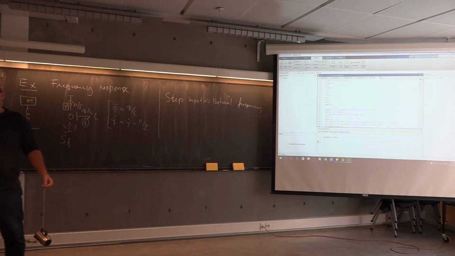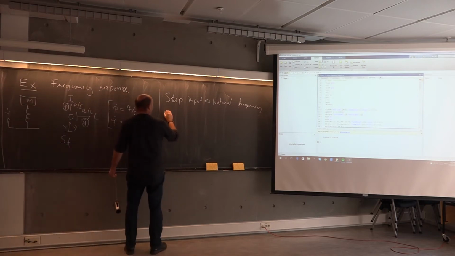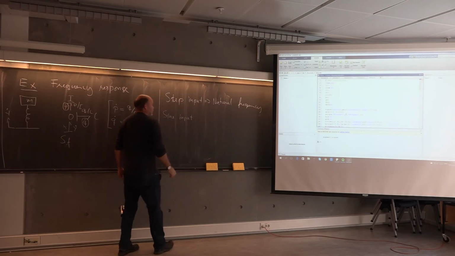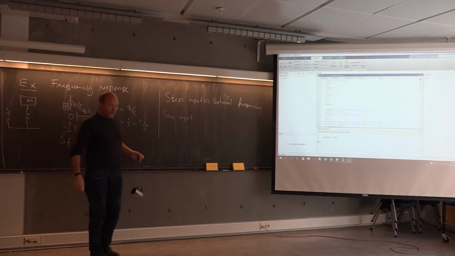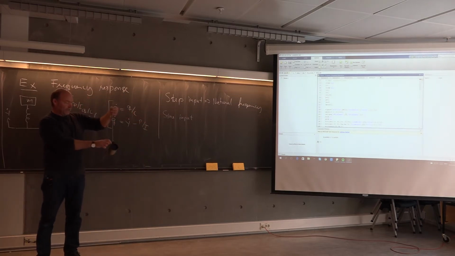Next, you can try with a sine wave input. Harmonic input, sine input. And then it's a question at what frequency? So here, if I now start keeping him still, if I move my hand in a harmonic way very slowly, then I have a very low frequency.